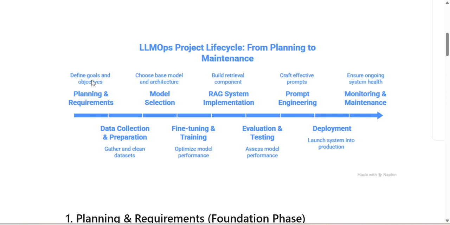Then we need to create our own LLM, or we can fine tune an LLM, or we can use an existing LLM like Gemini or OpenAI. We can use any LLM as the brain to create the agentic AI application. Then we can fine tune our model.